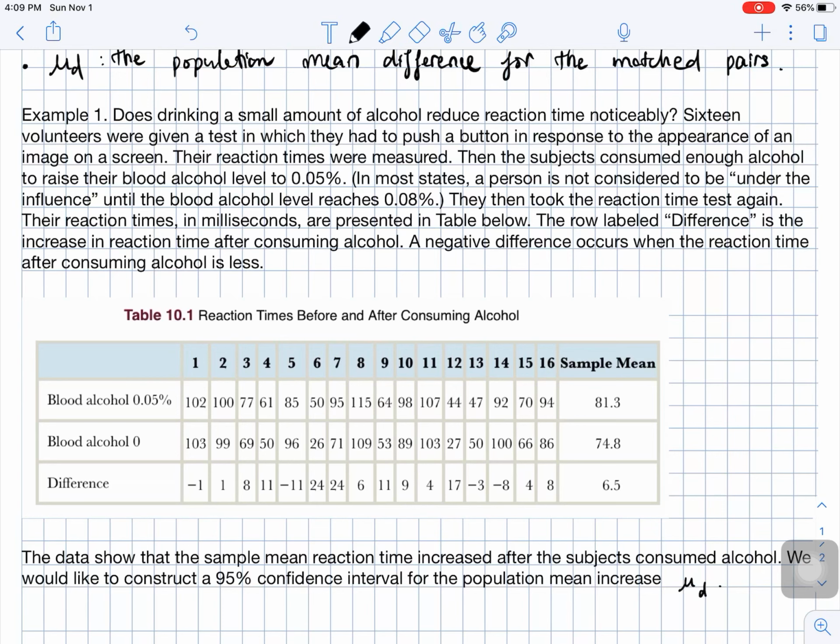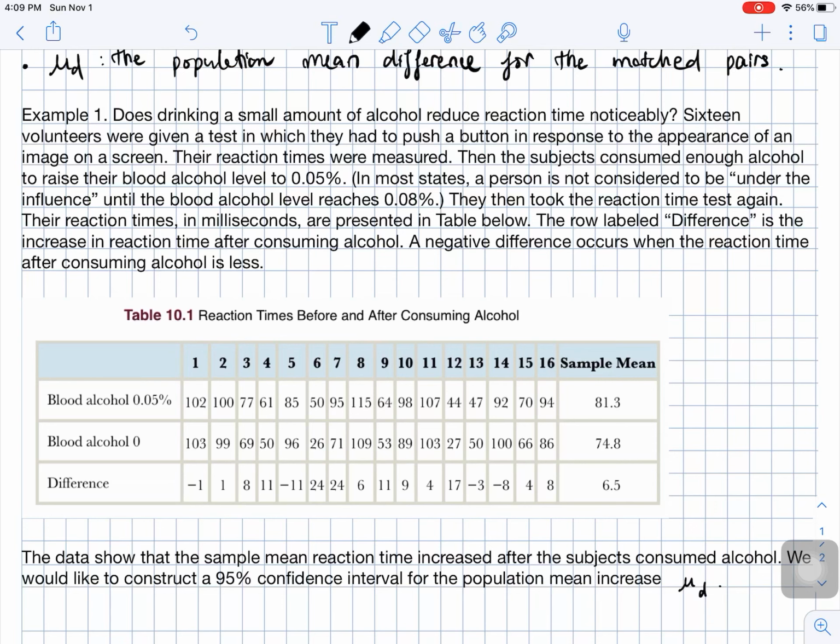Let's look at example number 1. Does drinking a small amount of alcohol reduce reaction time noticeably? 16 volunteers were given a test in which they had to push a button in response to the appearance of an image on a screen, and their reaction times were measured.